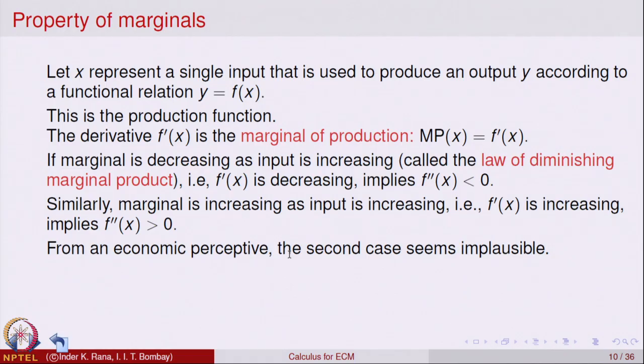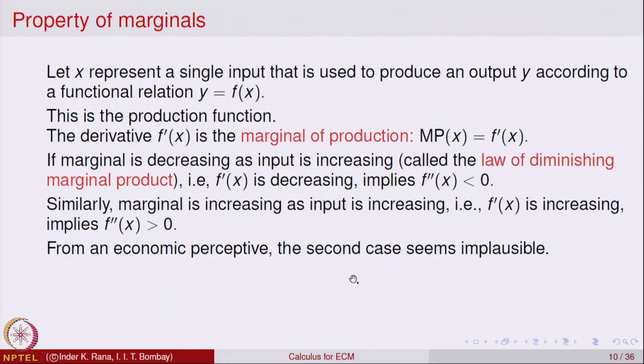So, let us look at mathematically what this means. Of course, the second scenario in economics does not seem to be a plausible situation, where the marginal is increasing as output is increasing. That does not seem to be a very good situation in economics.